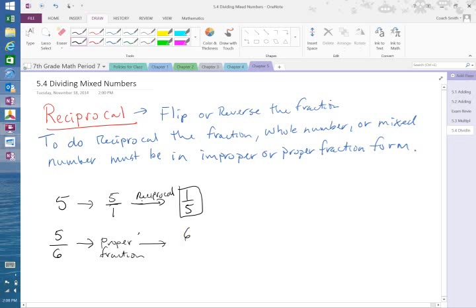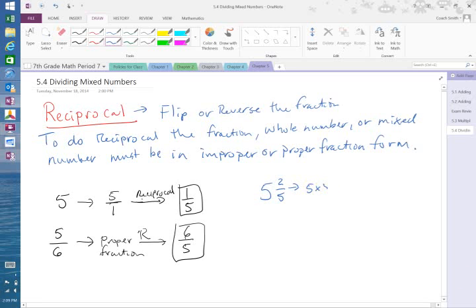So I just simply do the reciprocal, 6 over 5. If I have 5 2/5, I must first change it to 5 times 5, which is 25, plus 2, which is 27, so 27 over 5. Then I do the reciprocal, and it's 5 over 27.